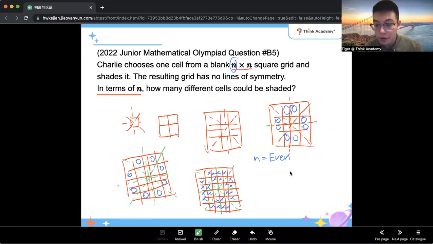So when n is even, what's going to be the number of the boxes on the diagonals? 1, 2, 3, 4 for one of them, 1, 2, 3, 4 for the other one, 1, 2, 3, 4, 5, 6 for each in the larger grid. So it's going to be equal to 2n.